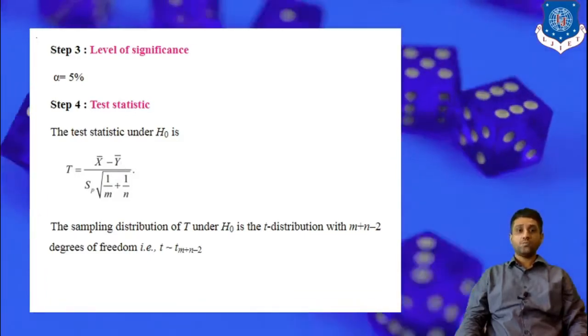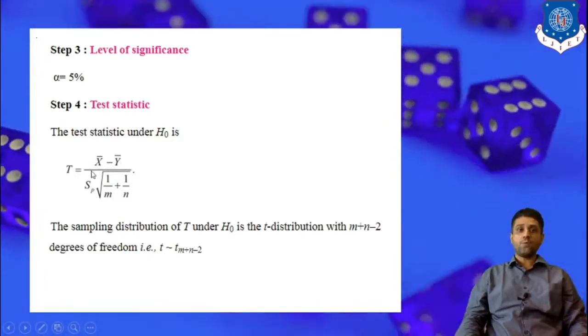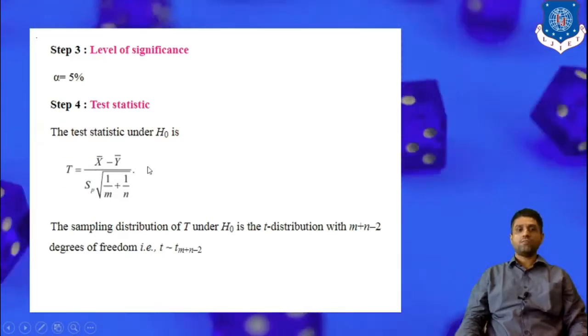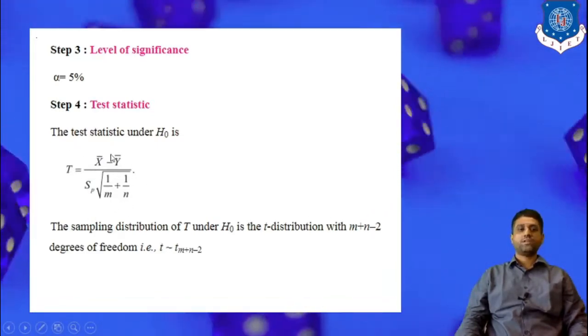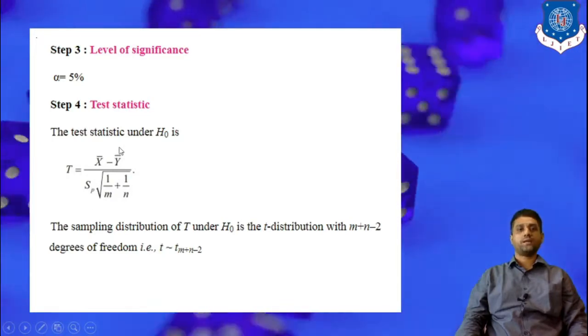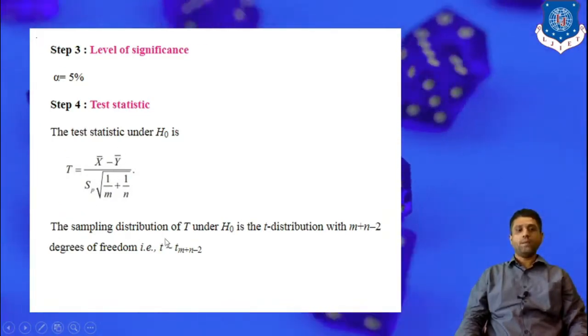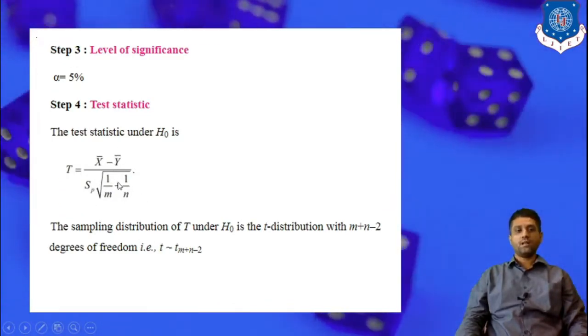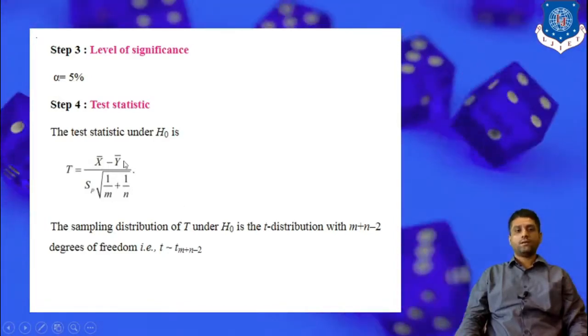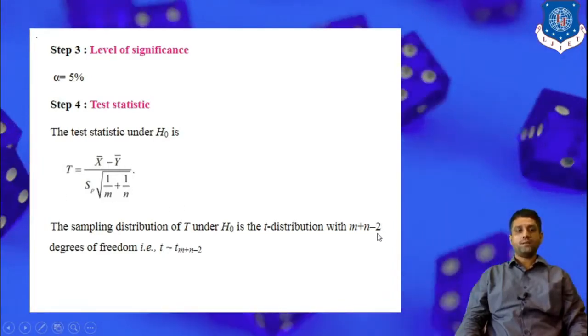That is, we have to check the average life of two populations. That's why we select this t statistic corresponding to the second application. The sampling distribution of t under the null hypothesis has degrees of freedom m plus n minus 2.